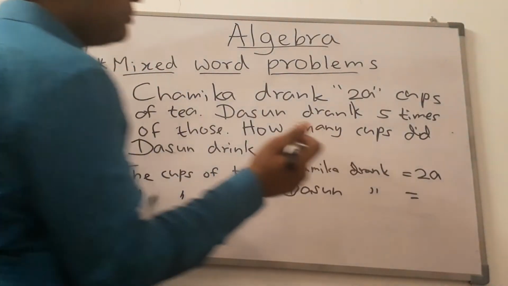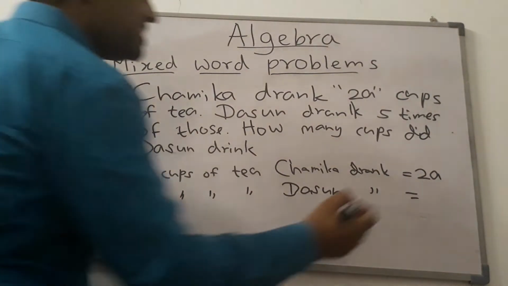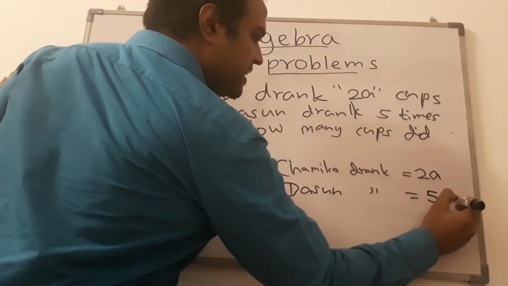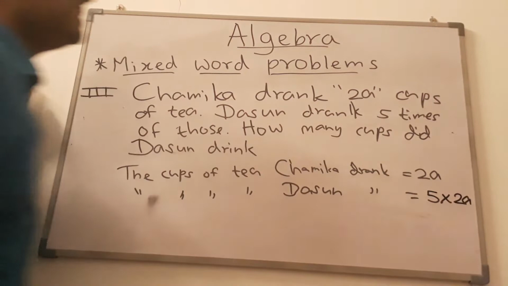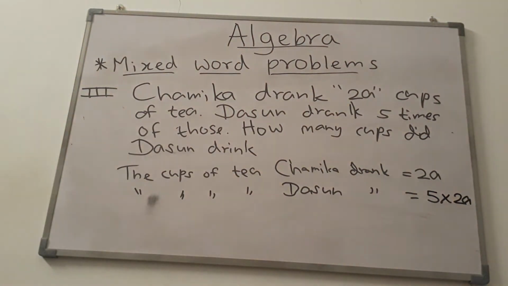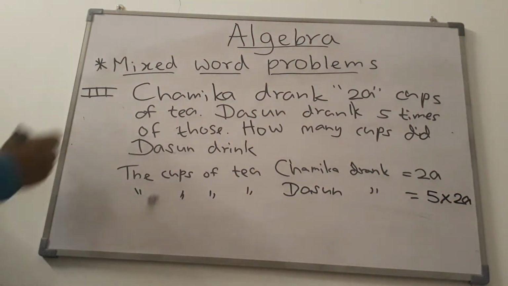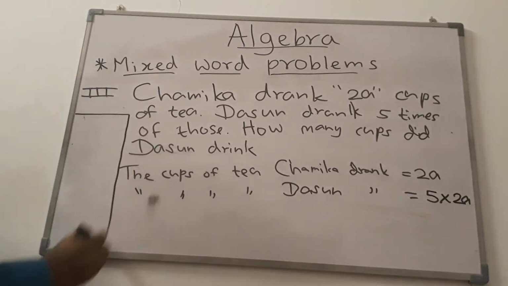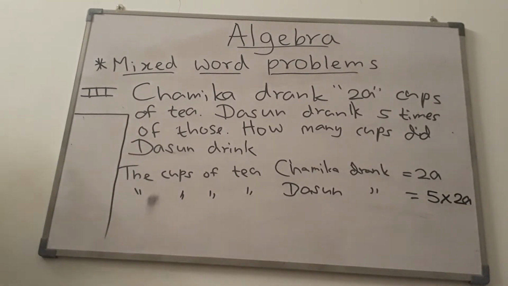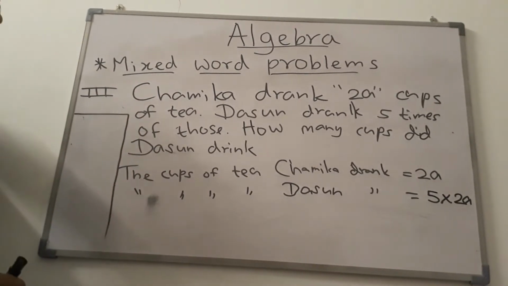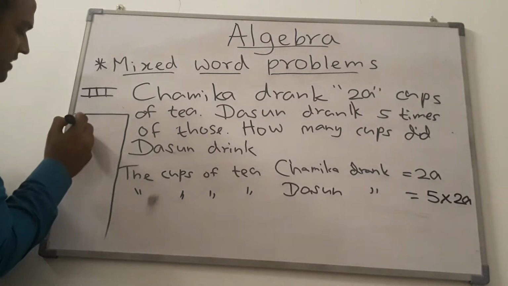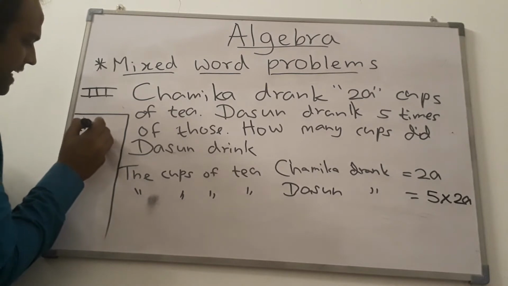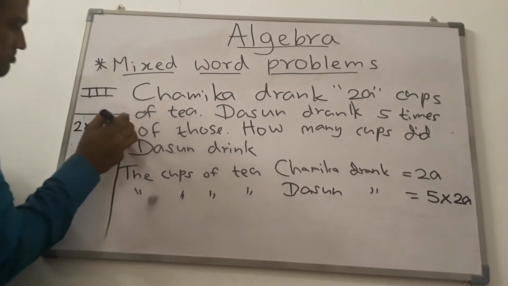So what we have here, 5 times 2A, means this is the product. We can simplify this further. Before that, let me explain a small trick. During the last video, we saw that 2 times A can be written like 2A.